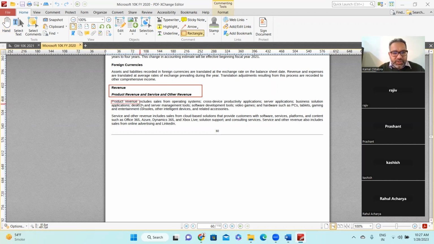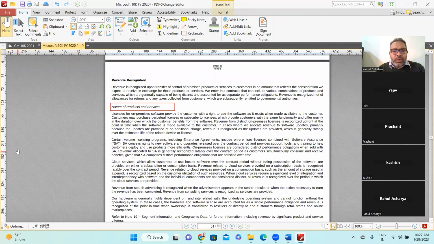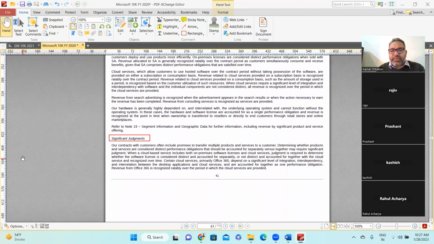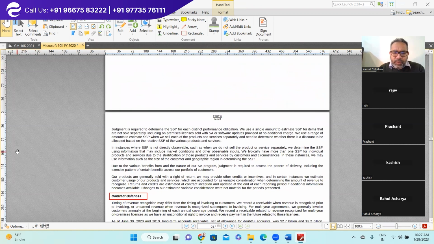They have specifically mentioned this is like product revenue, right? And this is service revenue, right? What all comes in product revenue, what all comes in service revenue, and then what is the nature of the product, what is the nature of the services, what are the significant judgments they have made for the respective category of item, right?